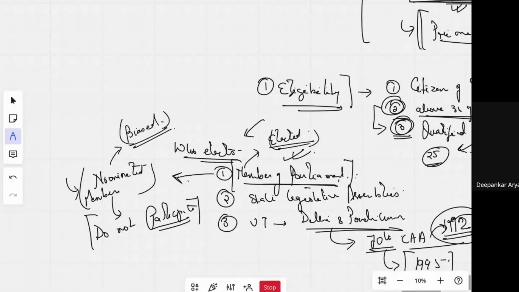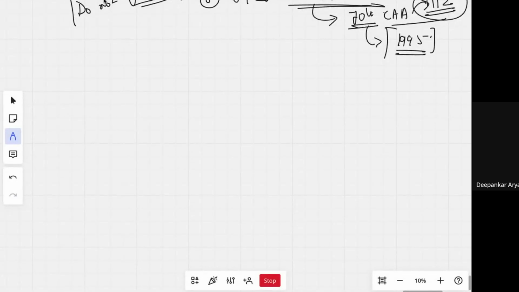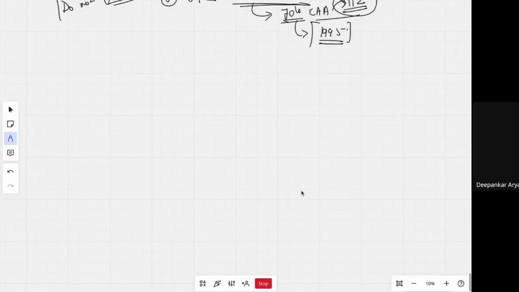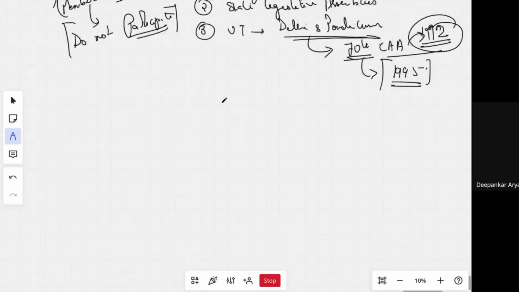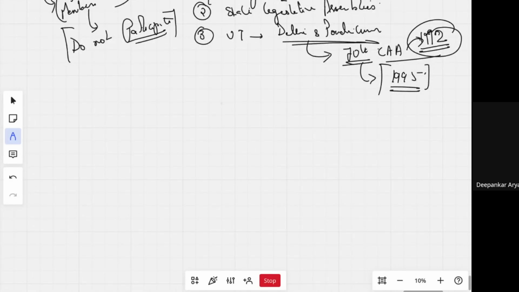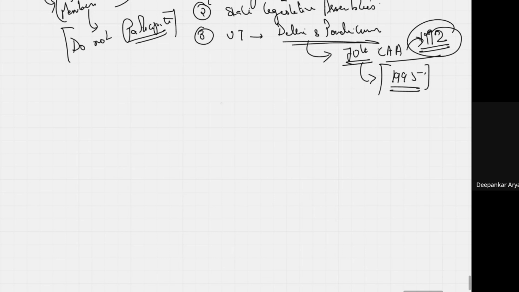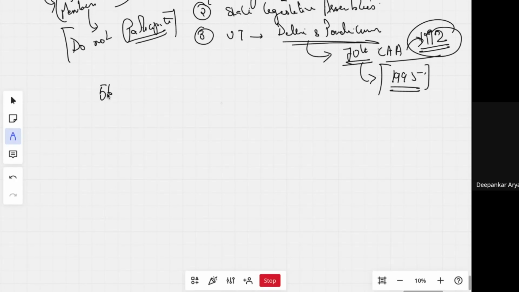Now let's move forward. This is regarding the terms of office, Article 56.